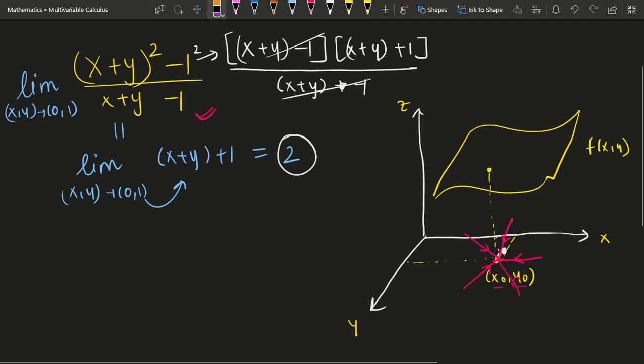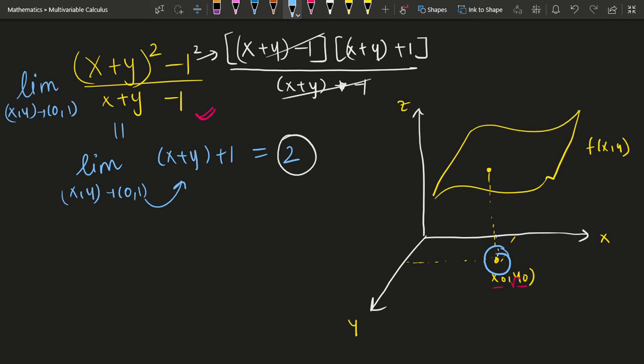A more general approach would be to check the values of the function f of x, y for x's and y's lying in some unit circle centered at x naught, y naught.